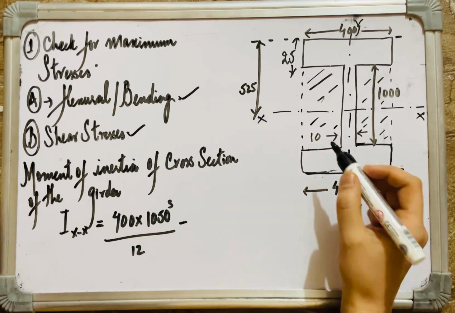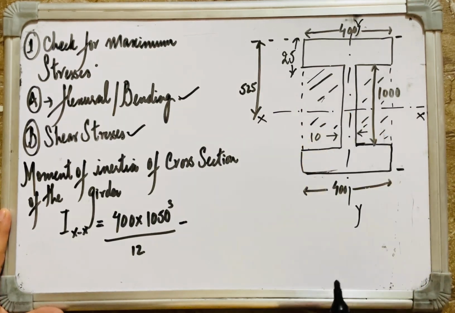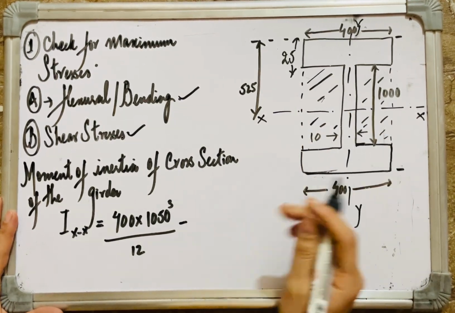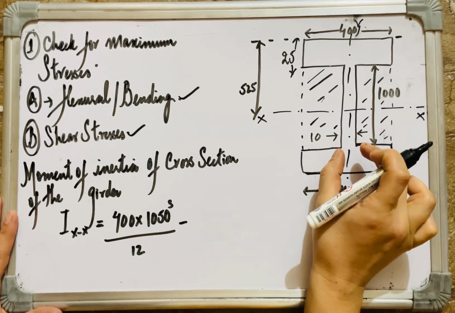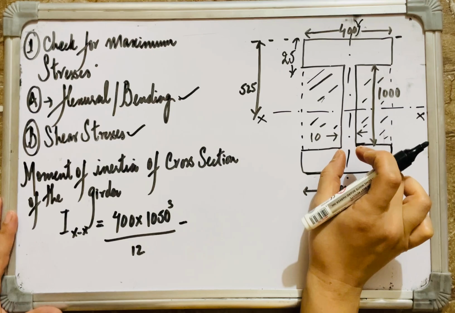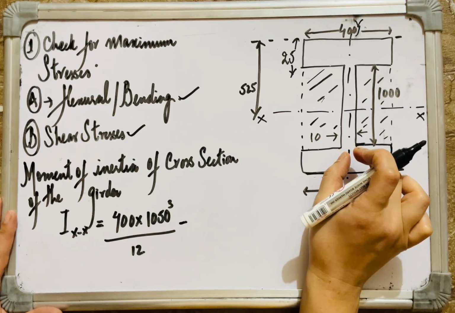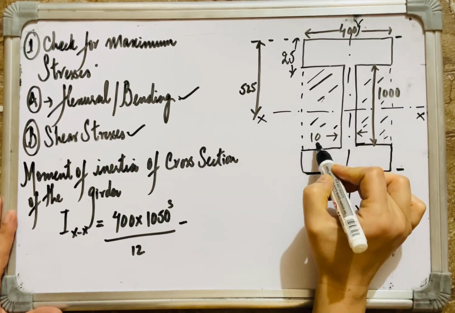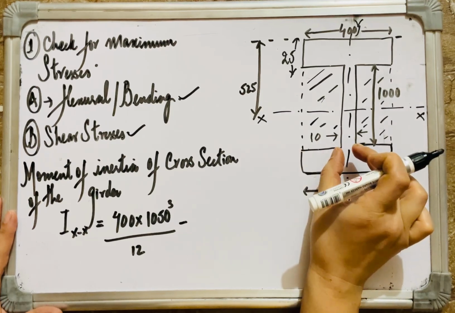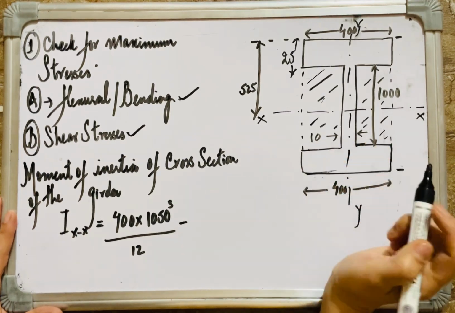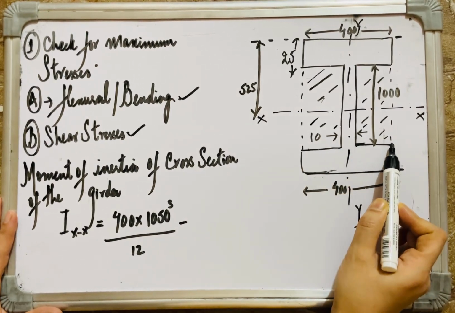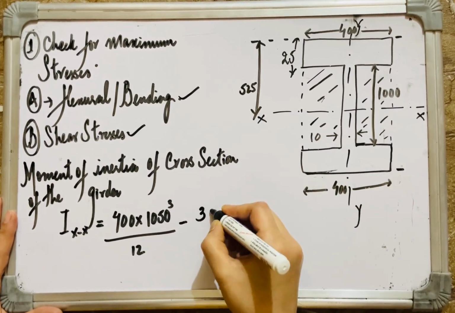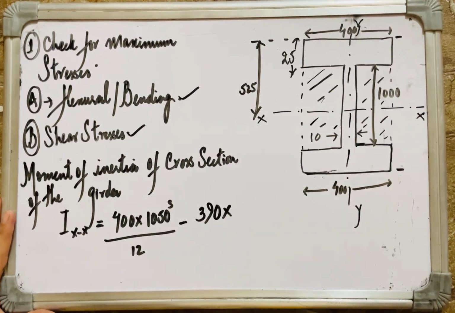See, what is the base of this hatched section? It is again how much? From here to here it's 400, but I have to subtract the web part. How much is the thickness of the web? It's 10. So this is 400, this is 10. So the remaining portion will be 390, from here to here and then from here to here. All right, 390 bh cube by 12. How much is the h?